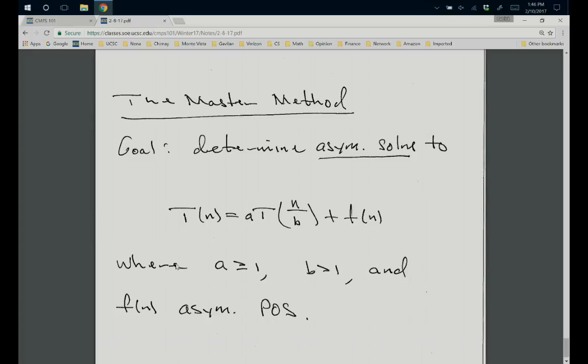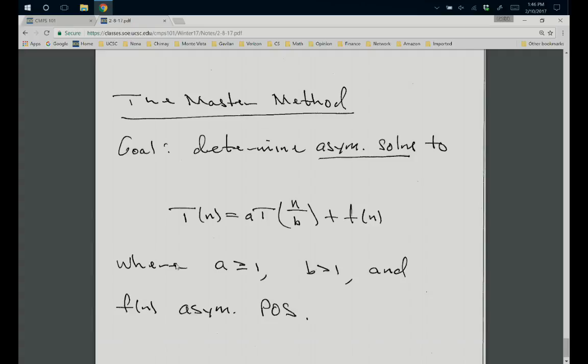It looks kind of complicated, but it says there has to exist a positive c in this range and sufficiently large n for which this inequality holds. In practice, this is usually a trivial thing to check, but you do have to come up with a particular c to check it.